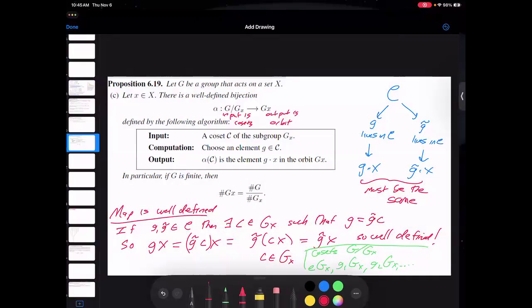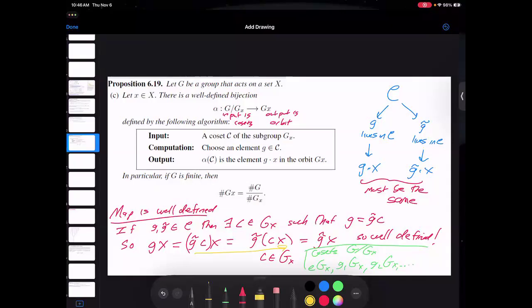And that's why at the very end we have this chain, starting with g acting on X. Because g and g tilde are in the same coset, I can write g as g tilde times something in the stabilizer, c. Then by using associativity, this is the same as having c act on X and then act on it by g tilde.